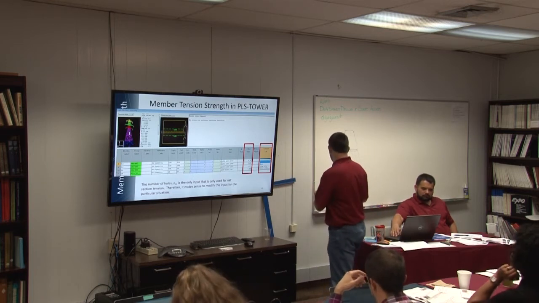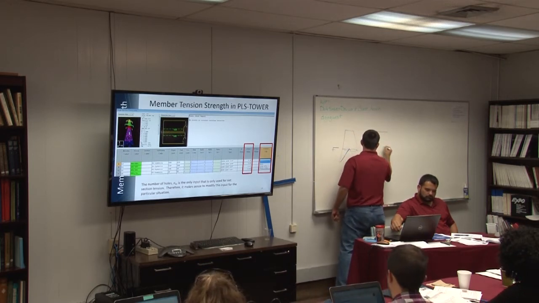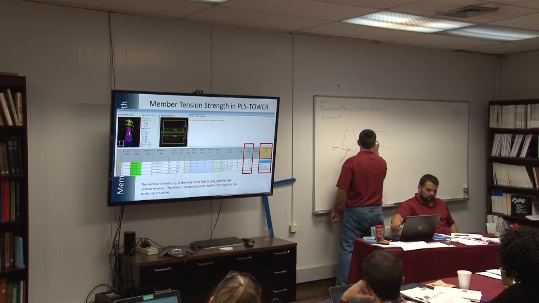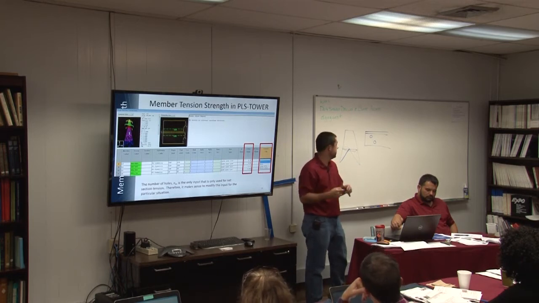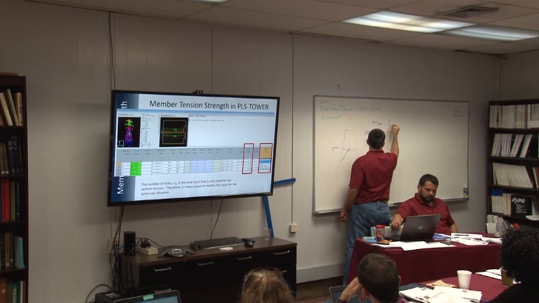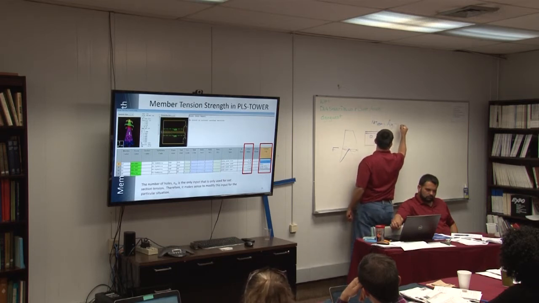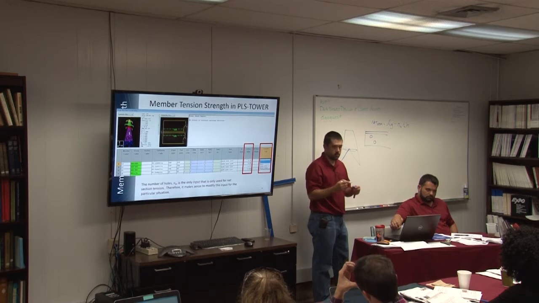But the idea generally is, if I have an angle with a staggered bolt pattern, what Tower does in their equation is they say that the net area is the gross area minus the number of holes times the thickness times the diameter of the hole.